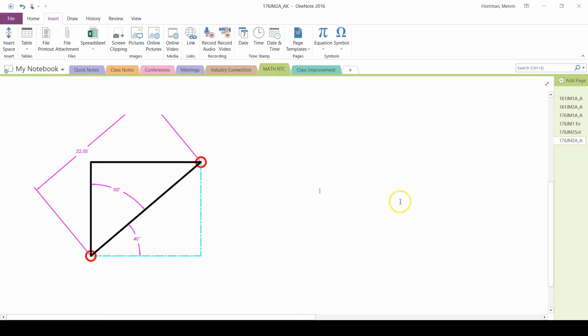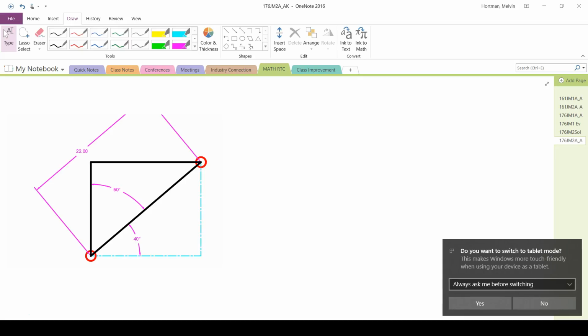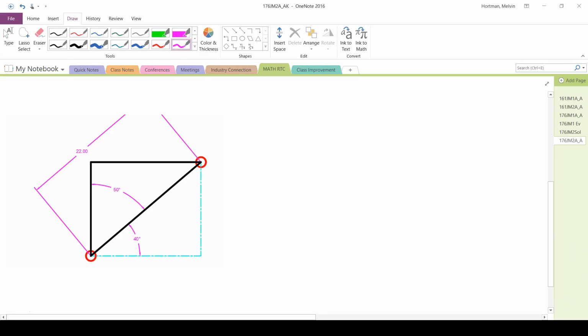Alright, let's start solving this thing. Or let's label it first and then start solving it. So we want to know the horizontal distance here. Let's call that A. Let's call this B just for fun. Let's call this H just for fun.